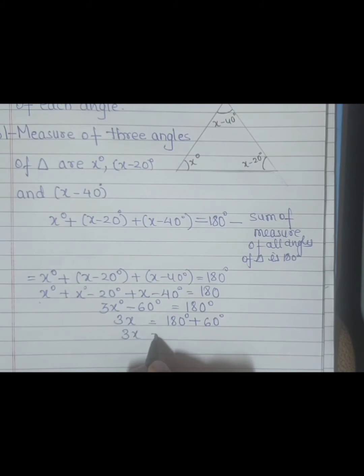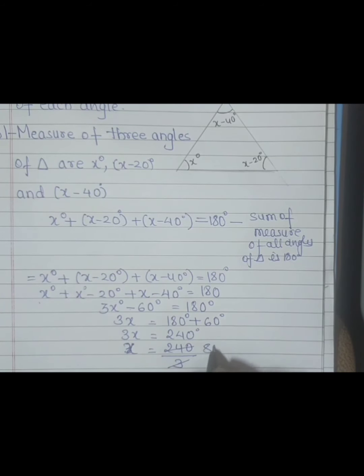Again 3x is equal to 240 degree. Sorry, not 3x, x is equal to 240 upon 3. Then we divide, we'll get 80 degree.